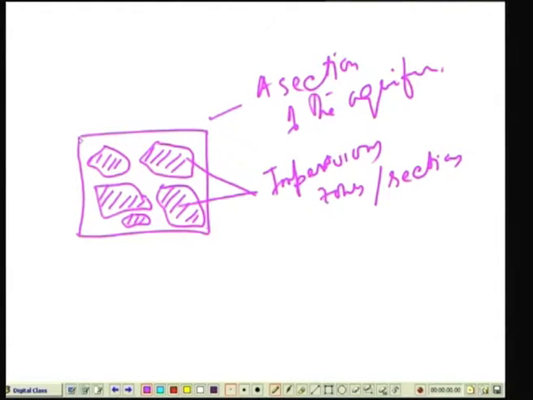Here the white portion is the void. When you are considering this Darcy velocity, what we are trying to say is that the water is flowing through this whole area.